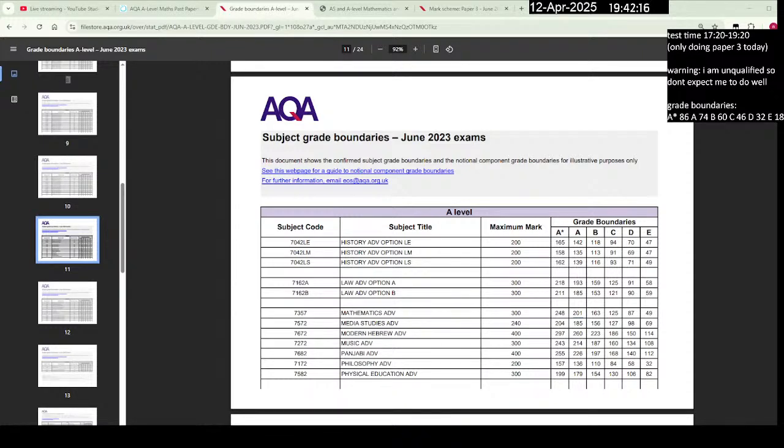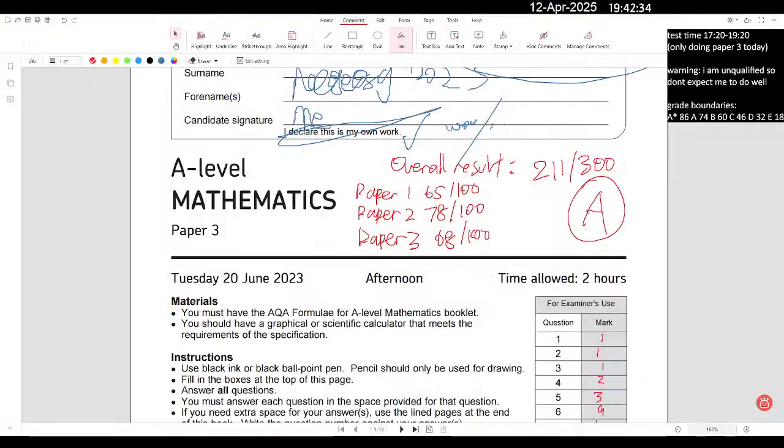So I was not expecting to get even a B or a C. I was thinking I'd maybe get about 30%, 40% for this paper, which I think would be a D or C if I'm lucky.